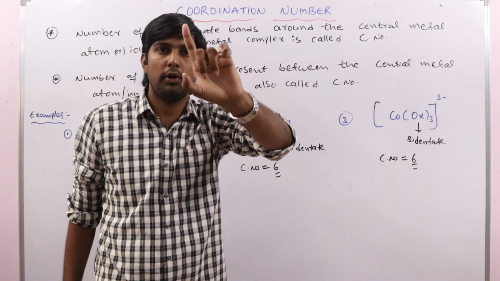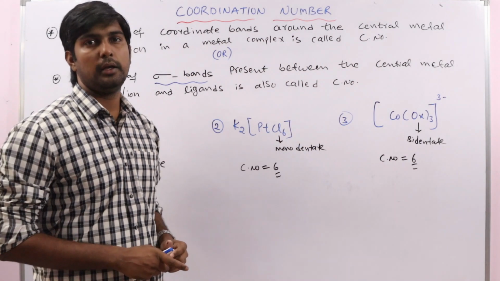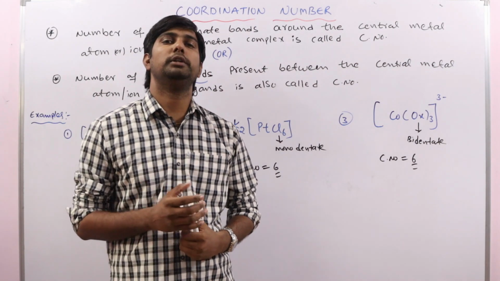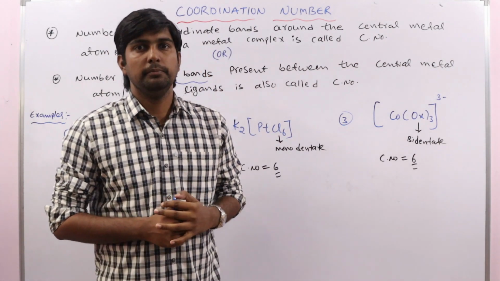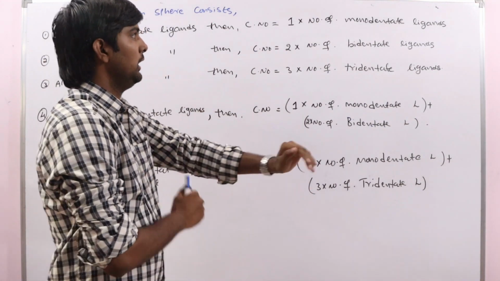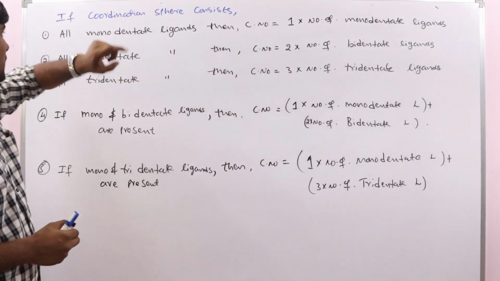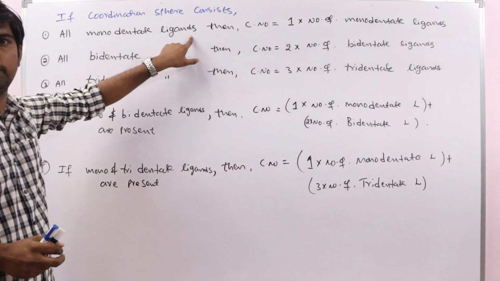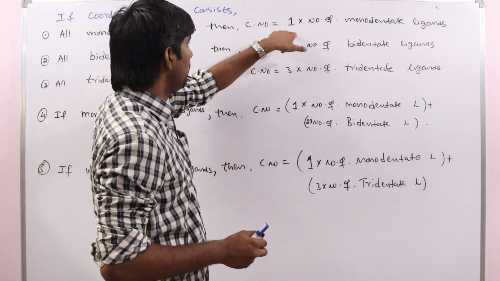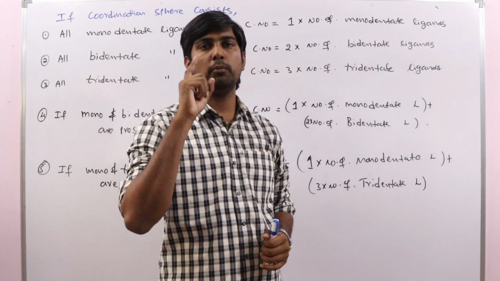The number of coordinate bonds or the number of sigma bonds present between the metal and ligand. Now let us see some general formulas for calculating coordination number directly. If the coordination sphere consists of all monodentate ligands, then coordination number is equal to 1 into the number of monodentate ligands, because one ligand can form only one bond.